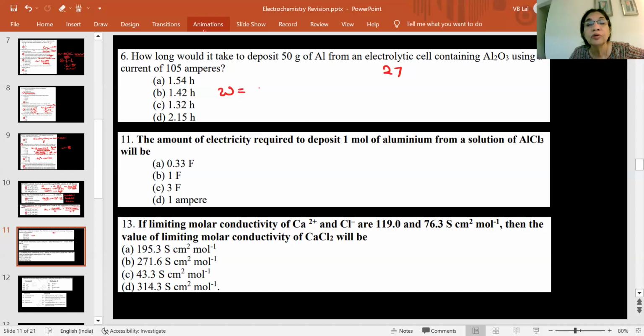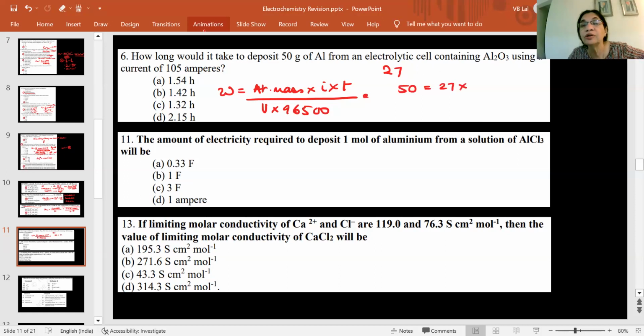W is equal to atomic mass or molar mass into I into T divided by valency into 96500. W is given as 50. So how will you write this? 50 is equal to 27 into I, which is 105, into T divided by 3 into 96500.